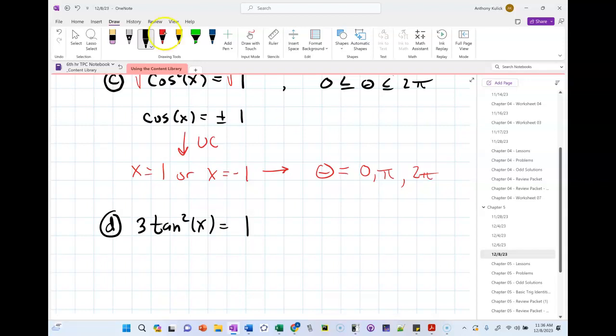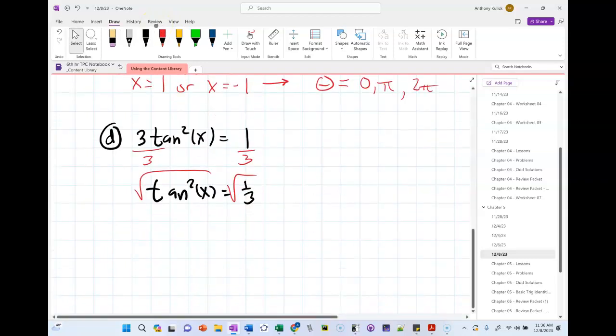So start by dividing by 3. Very good. Then what? Square root both sides. Good. Oh my goodness, what do I do here? It's 1/3. Remember when we square root both sides, we need a plus or minus.